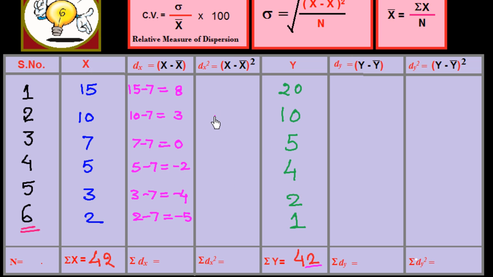So here we have to make the square of all these. Dx square we have to find out.